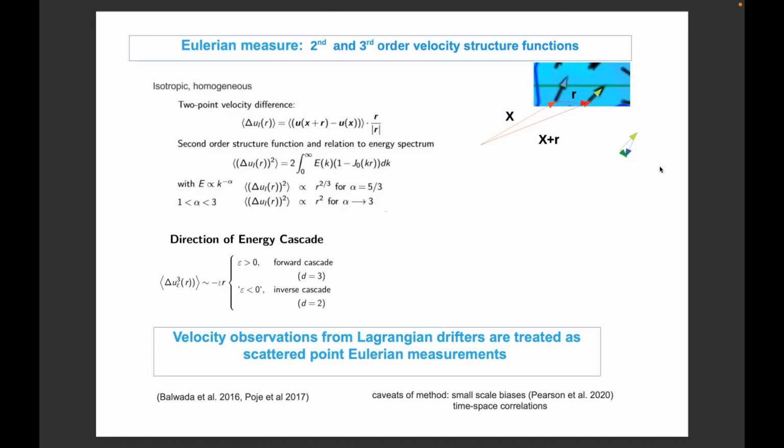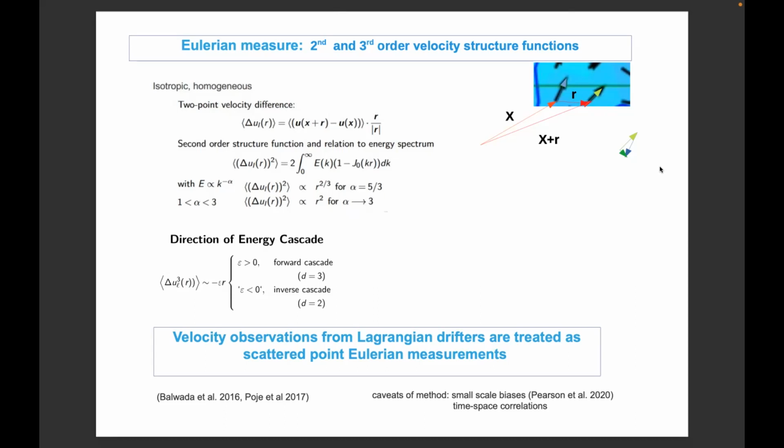And it's Kolmogorov who showed that this third order structure function scales linearly with r, and the proportionality constant is the energy transfer rate, energy per volume and time towards smaller scales. And it was Kraichnan who showed that there's this inverse cascade, so energy towards larger scales.